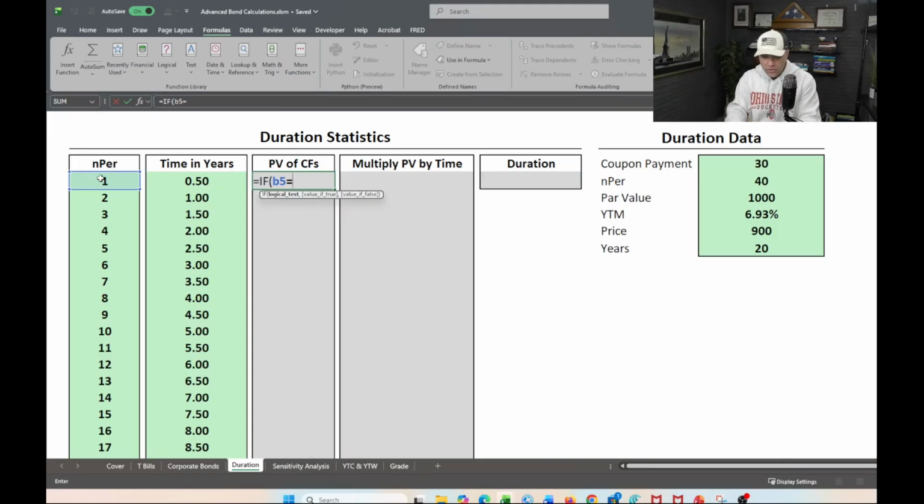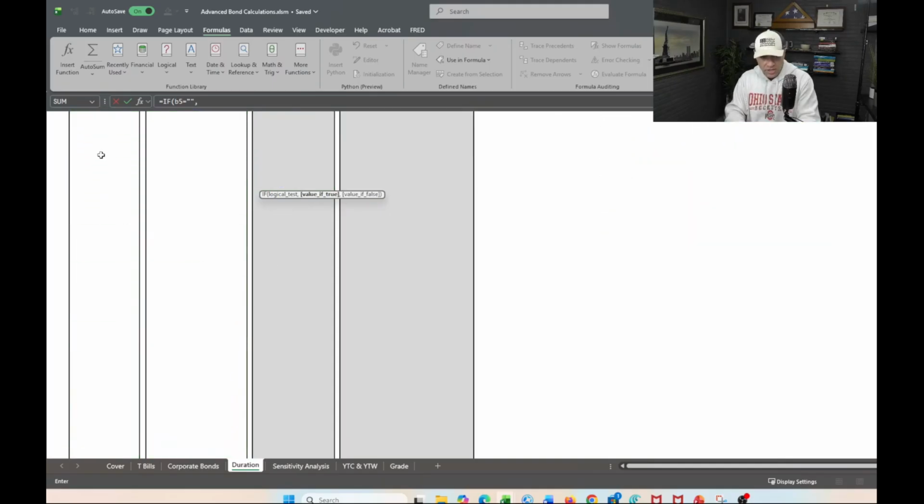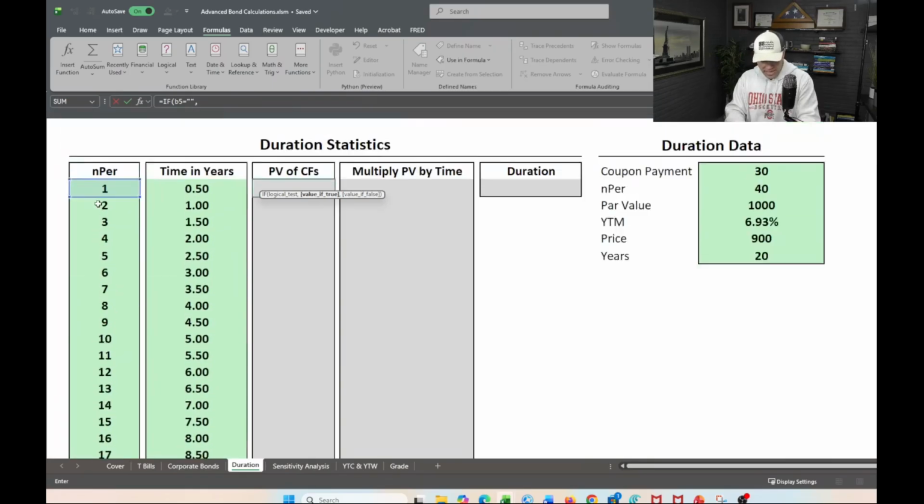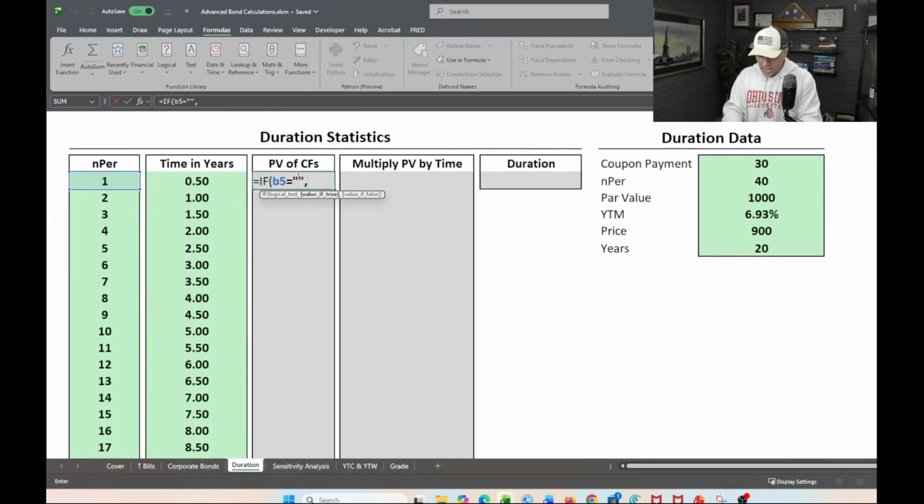If it's equal to double quote, that means it's blank. So I'm saying if this is blank, that's all it means. If this is blank, I'm going to hit comma. What do I want this to be? In other words, if we get down here, if the years are blank, I want this to be blank. Very simple. If this can be blank, I want that to be blank. And then comma, if it's false, okay? So now we're saying, is it false?